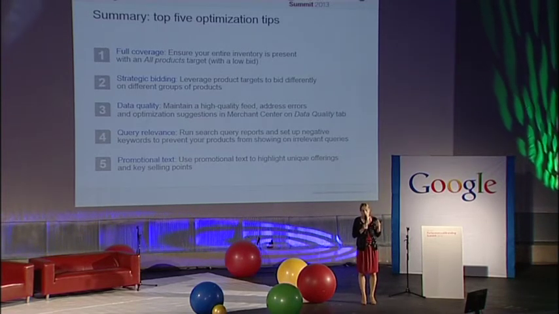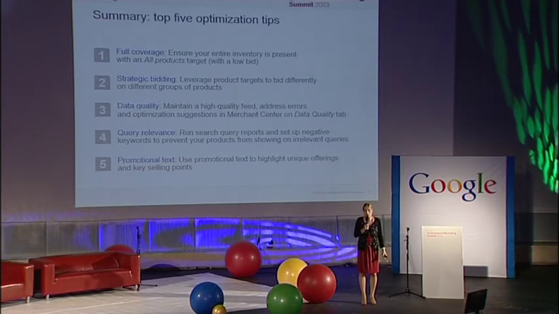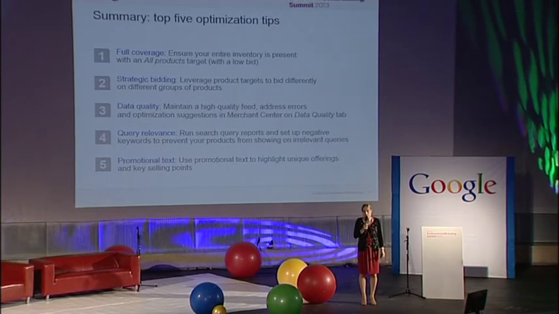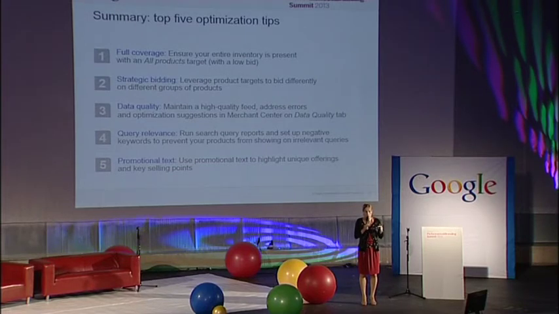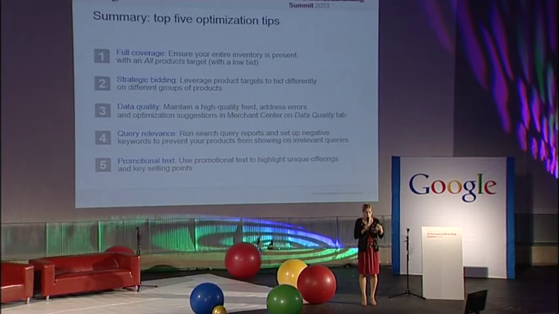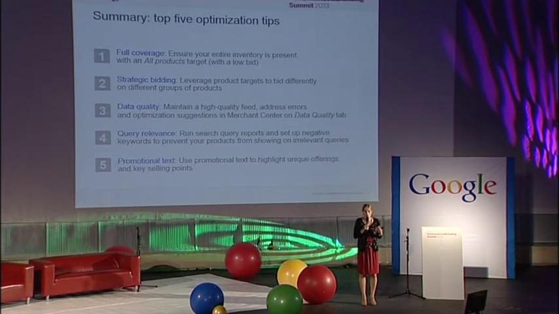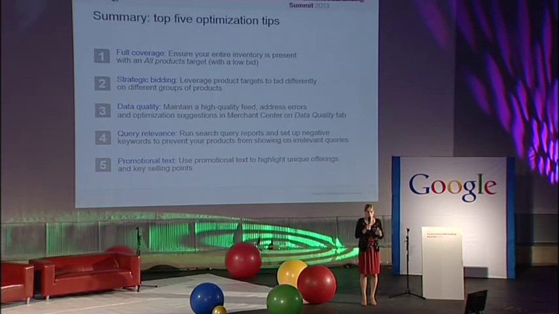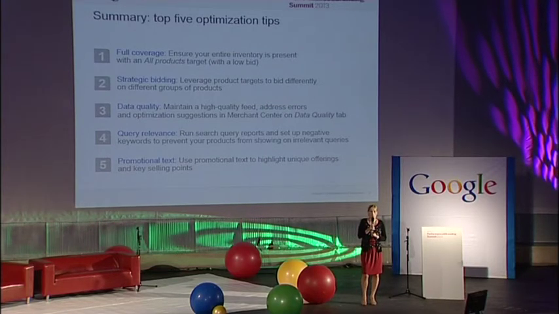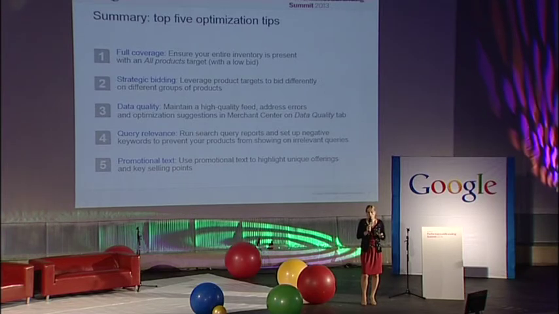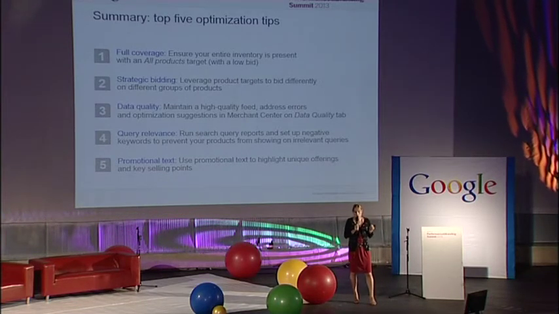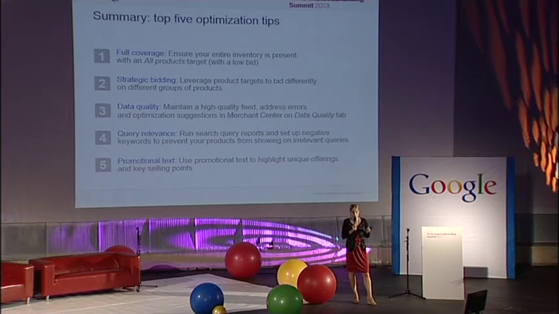So think about putting as much info as possible in your description. It should be like the marketing speech, but also technical specifications, because you never know what the user is going to look for.